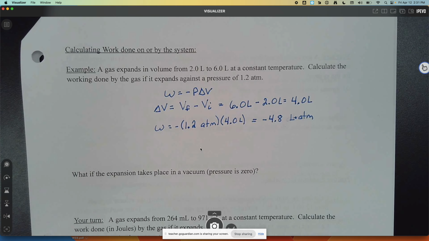Which means that our system is essentially spending energy. It's spending energy to push the atmosphere back and out of its way.